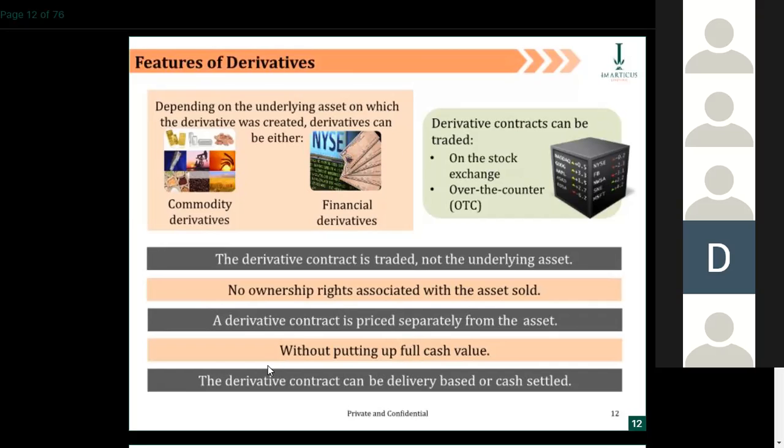Now when you look at this, a derivative contract can be delivery based or cash settled. So what does it mean actually? Any idea? Anyone has any clue? When you say derivative contract can be delivery based or cash settled, how do you relate to this statement or term?